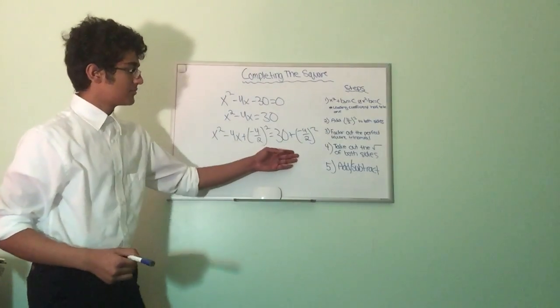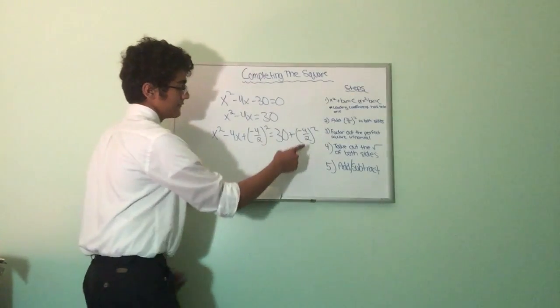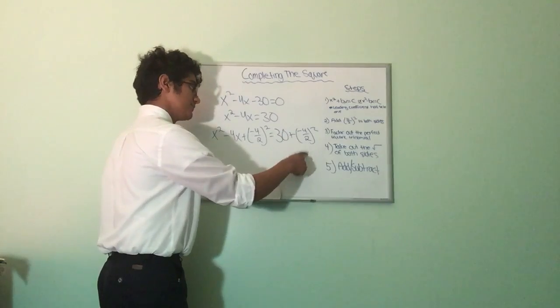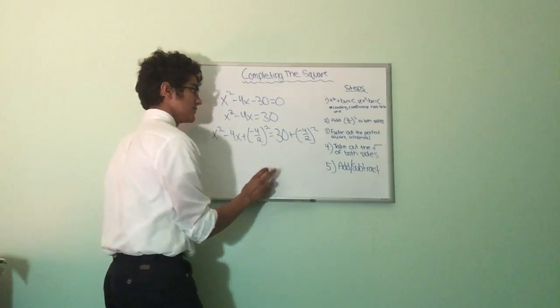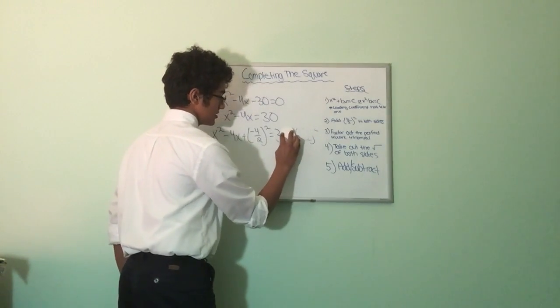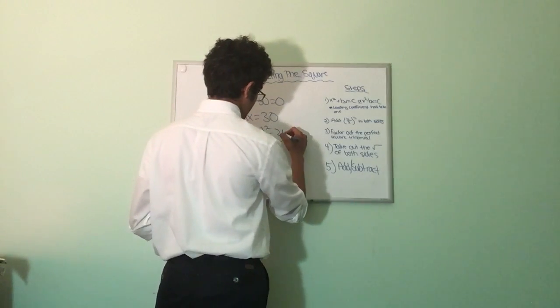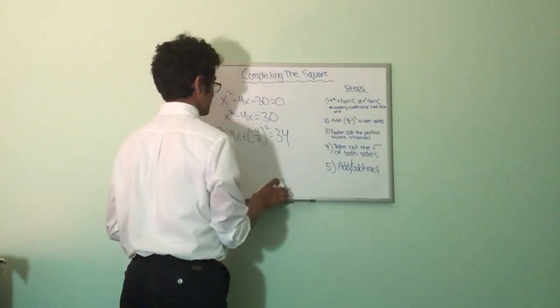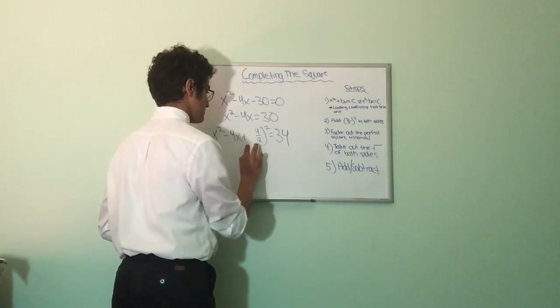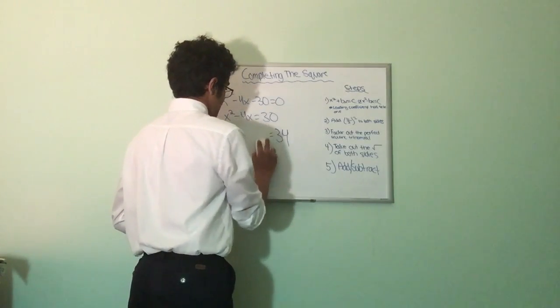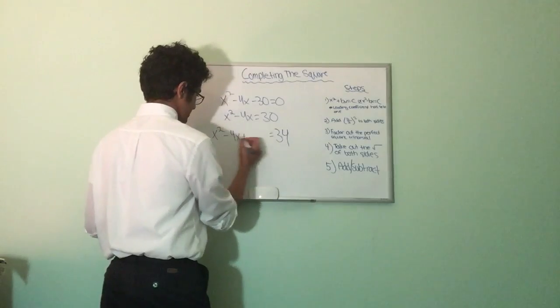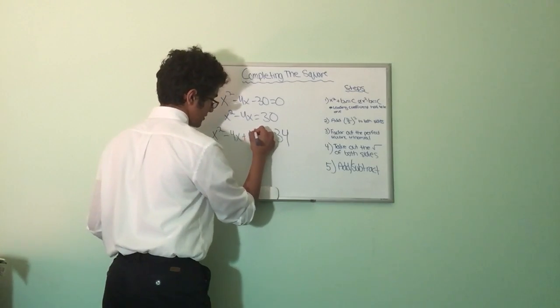And then you just simplify this, and negative 4 divided by 2 equals negative 2, and negative 2 squared equals 4. So this would become 34, and you do the same thing over here, and this would become x squared minus 4x plus 4.